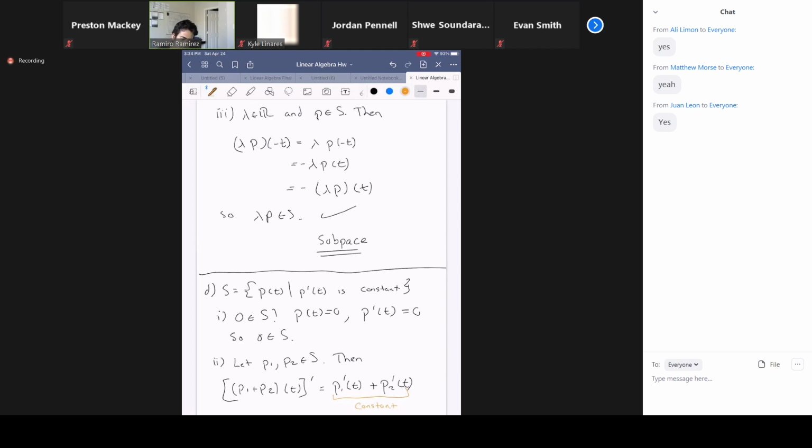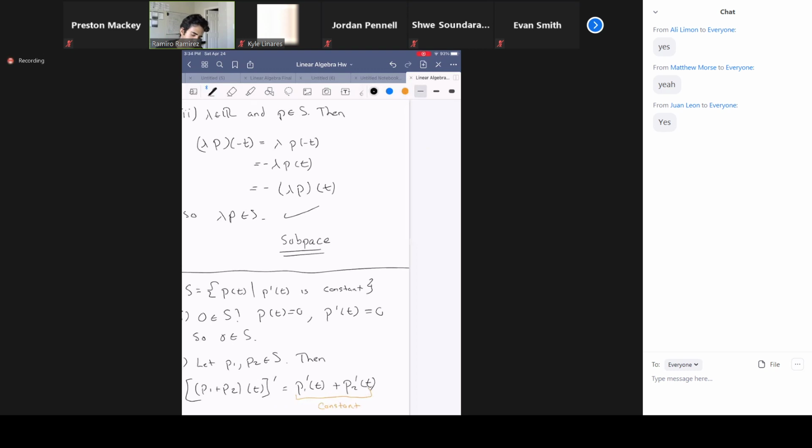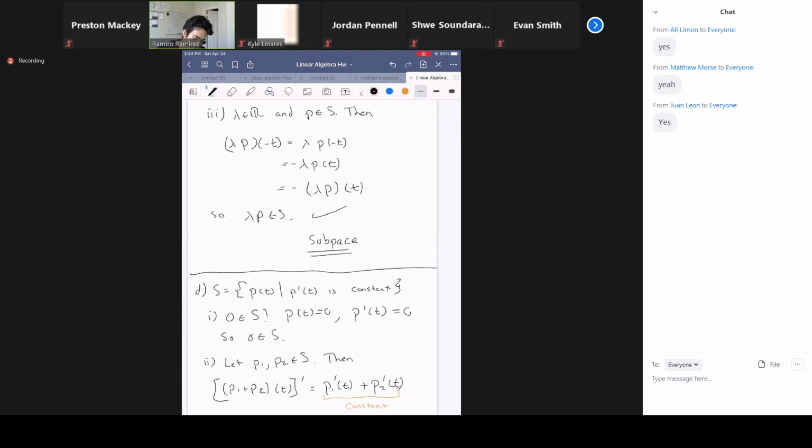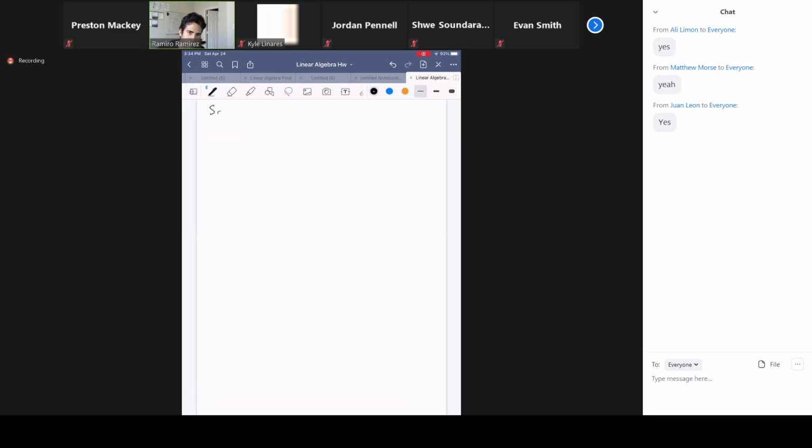So what does that mean? Well, it means that it's also in S, right? So P1 plus P2 is in S. Okay, so it's a subspace.